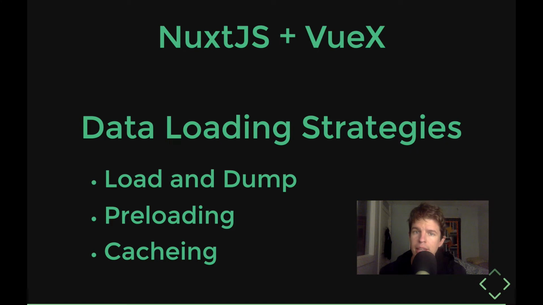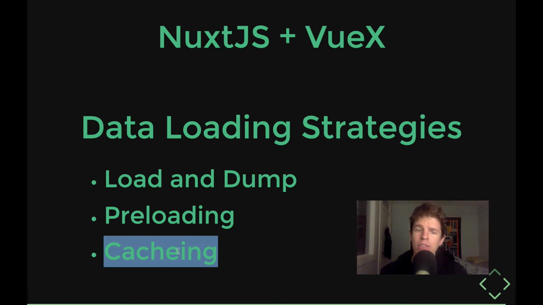Which one of these is the best? Well, from a pure user experience standpoint, the best would probably be a well-designed caching system. The keyword here being well-designed. A caching system can be difficult, and if you design it poorly, then you'll get weird jank everywhere. And no one wants that.